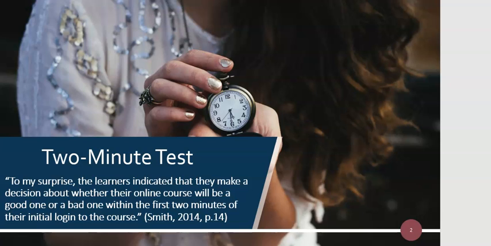They may click around a little bit, but basically by eye, they're looking at the course and making their own judgment. How it's organized, how it's labeled, how things are described, all those things are very important to students, and they make a decision within the first 2 minutes.